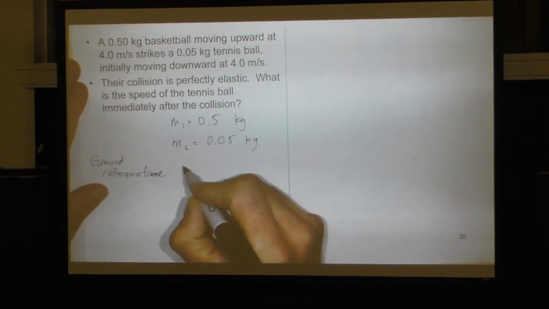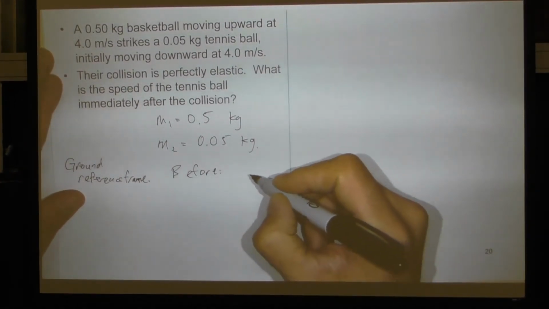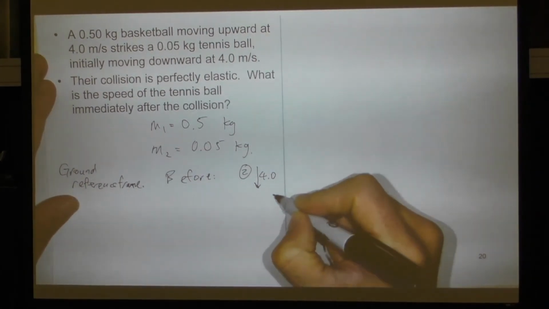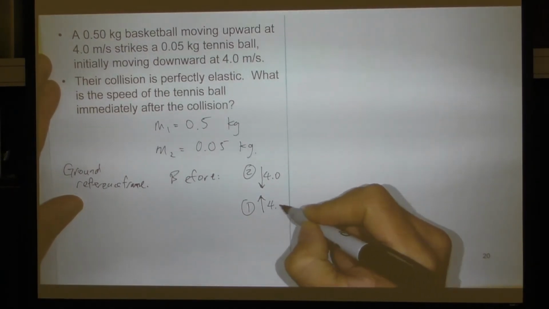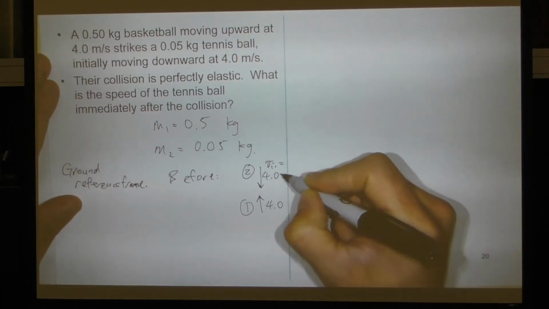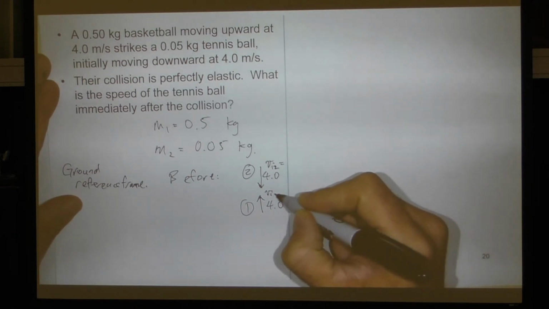From the ground reference frame, the before of the situation is that 2 is going down at 4.0, and 1 is going up at 4.0. This is V initial 2 and V initial 1.